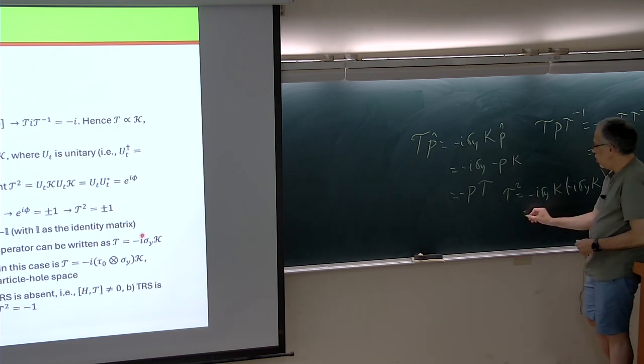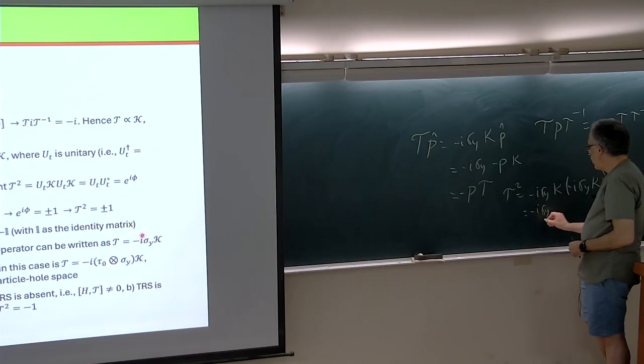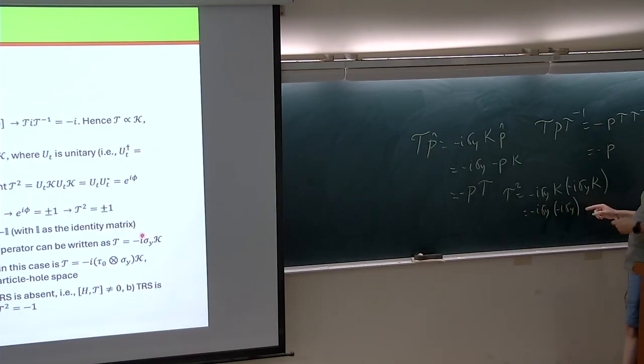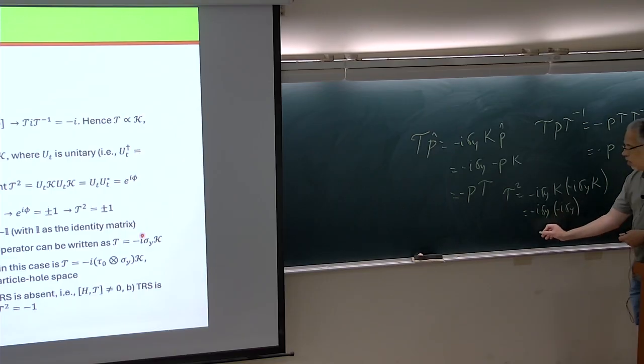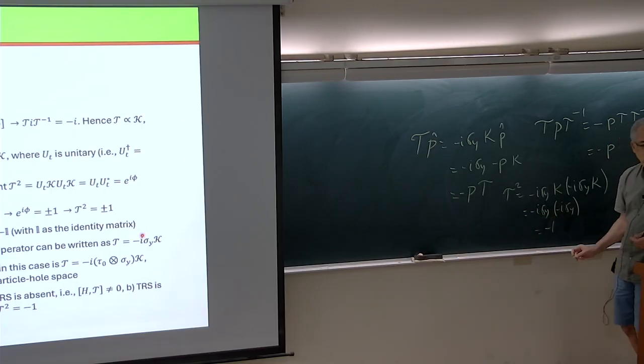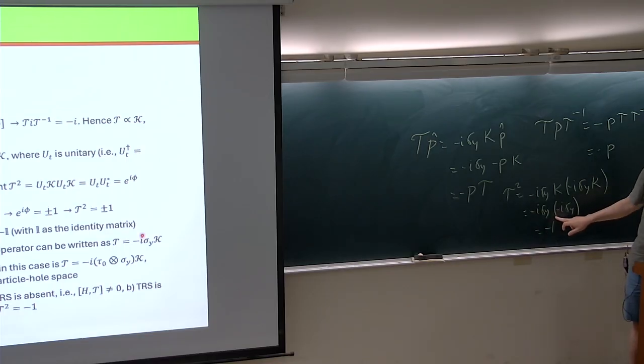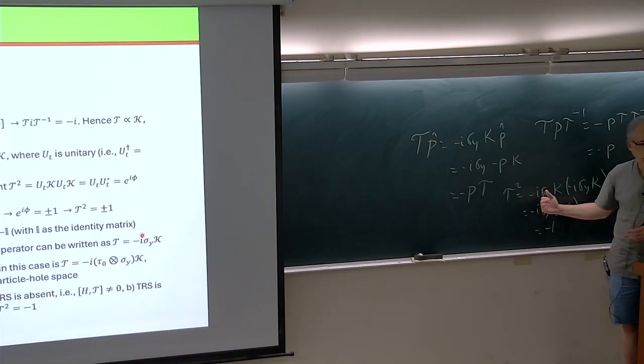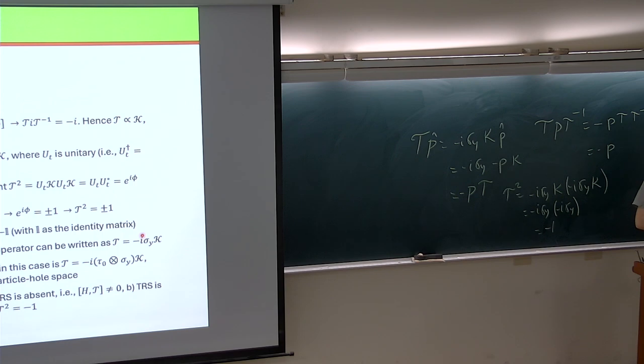So this is just -i sigma_y times -i sigma_y, and then K squared is just 1, and this will give you -1. Right? So -i times -i is -1, and sigma_y squared is 1, I mean the unit matrix, right? So we're talking about matrices here. Right? Okay.